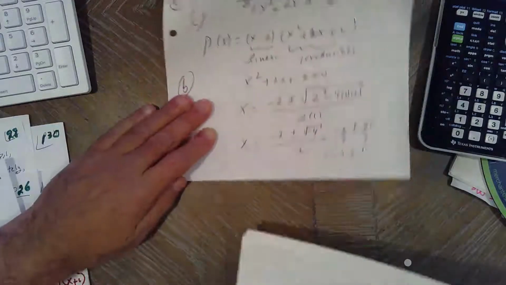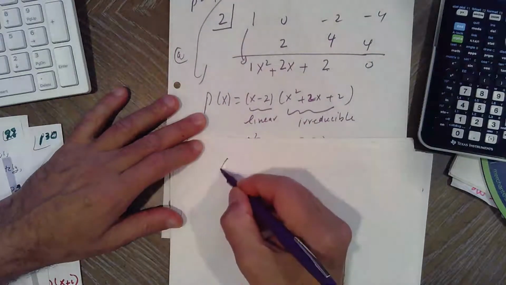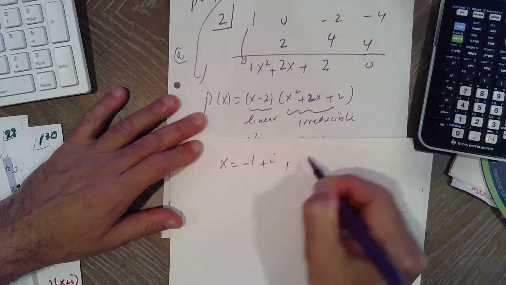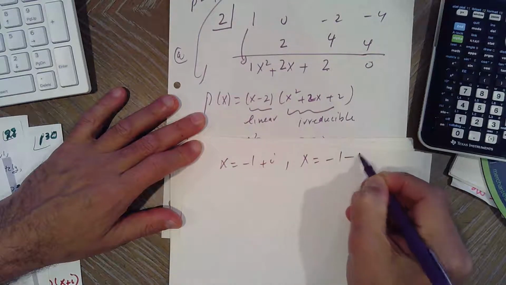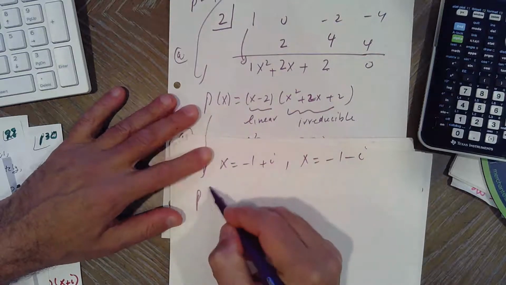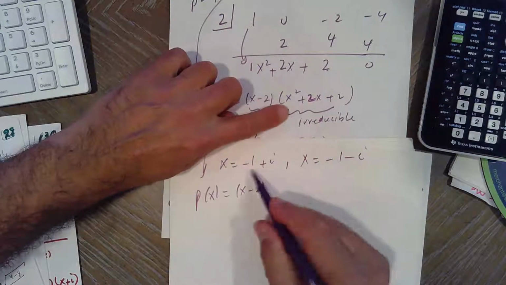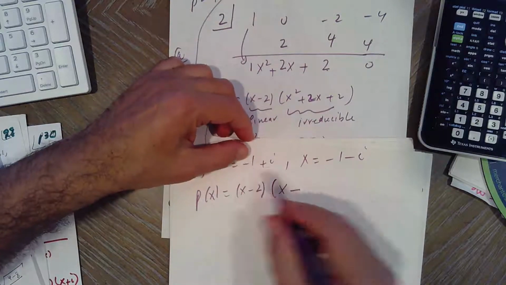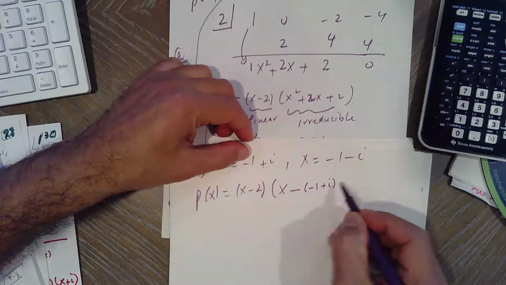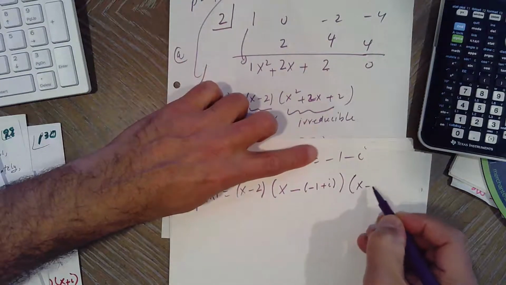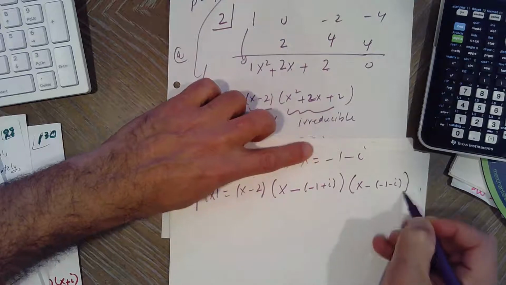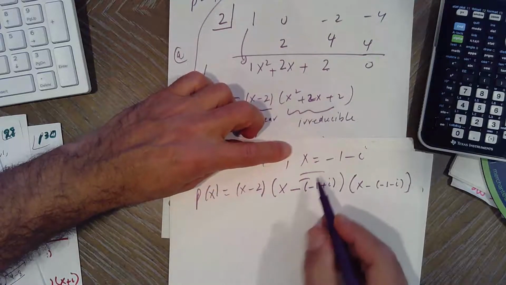So now how do we factor that? We have x equals negative 1 plus i and negative 1 minus i. So p of x, we have the linear factor that we already got. This is now going to factor into x minus this, and then x minus that. We could work it out by distributing the negatives.